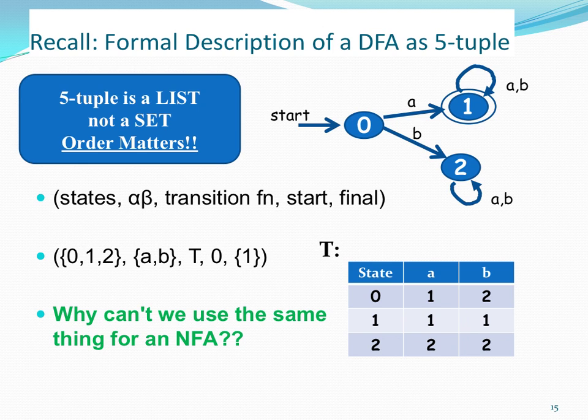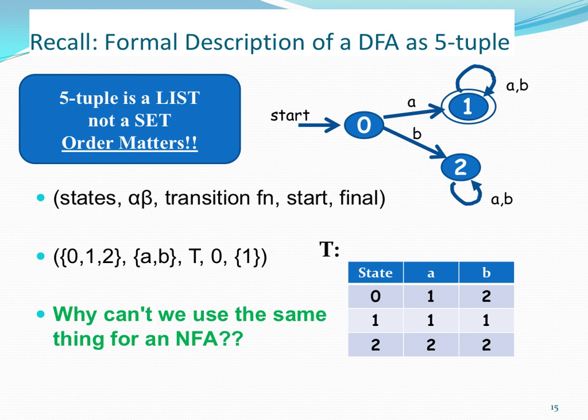Obviously this transition table won't work for us as is because we don't have lambda transitions on it, right? So we could imagine adding a space for lambda. And the question is, does that work? If we just add the lambda transitions, does that give us what we need to represent an NFA?